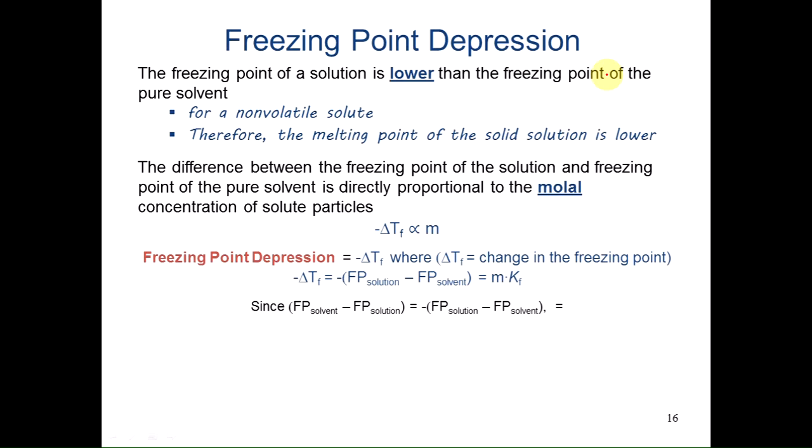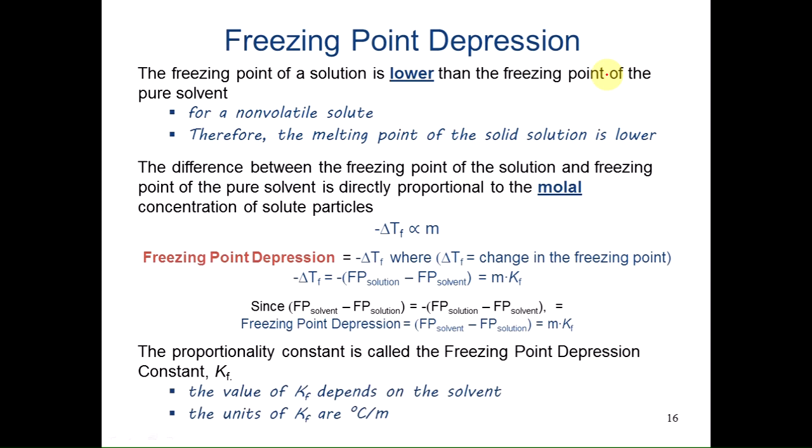So the change in temperature is the freezing point of the solution minus the freezing point of the solvent. So we get the freezing point depression expression as the negative change in temperature equals the molality times the Kf, and that's a constant associated with the solvent.